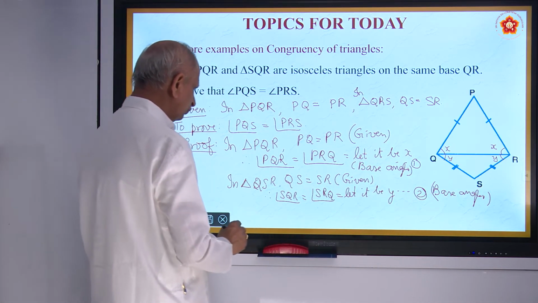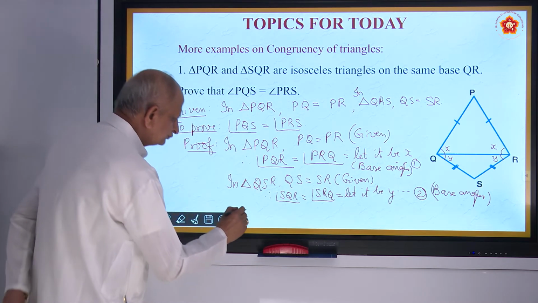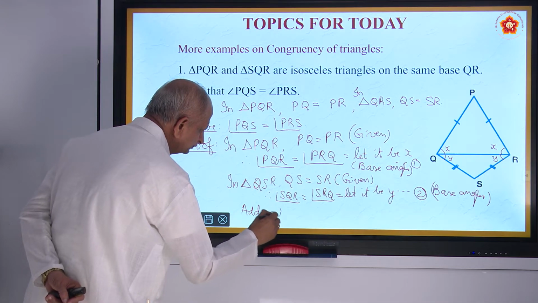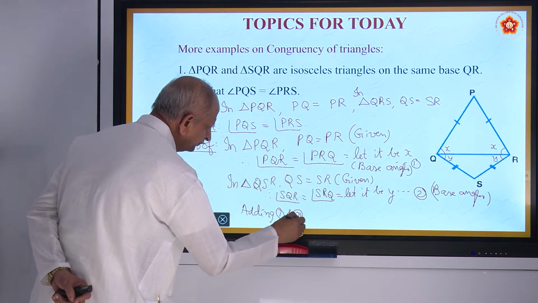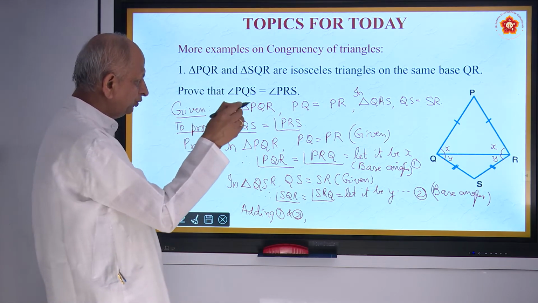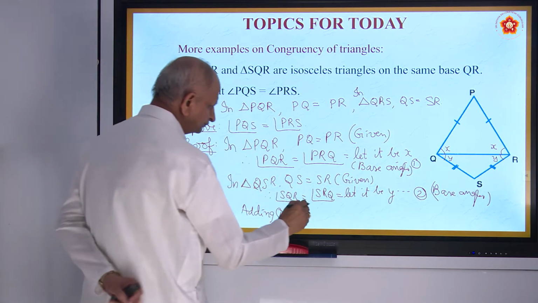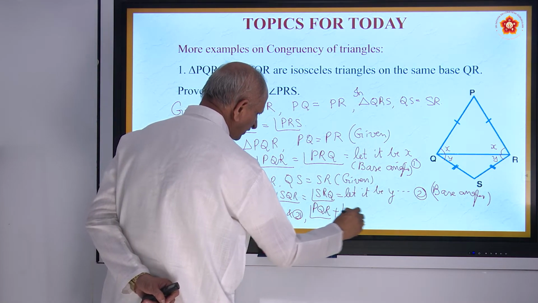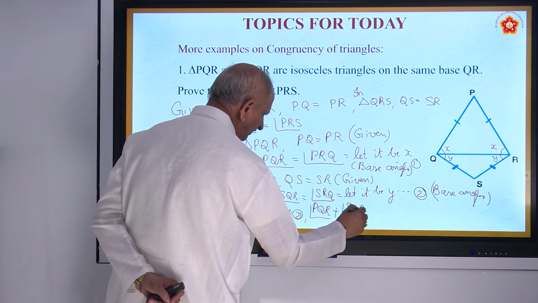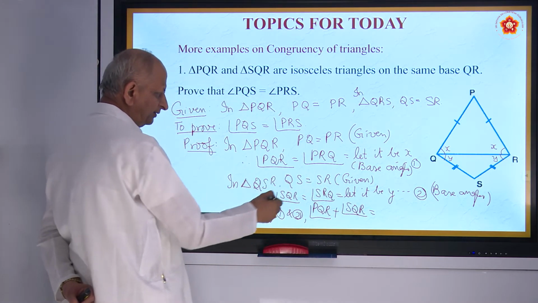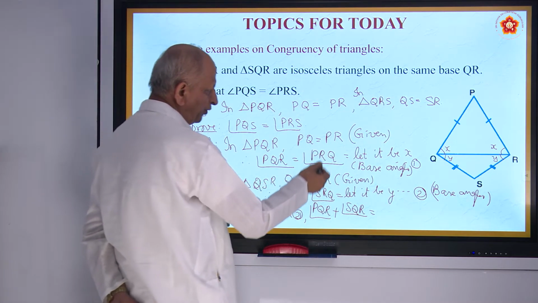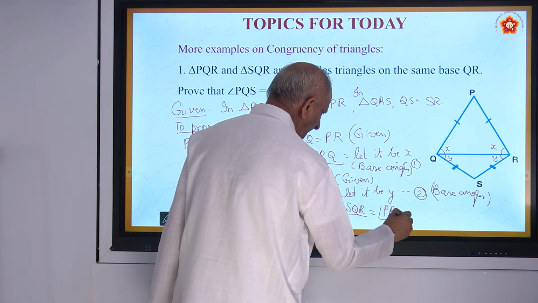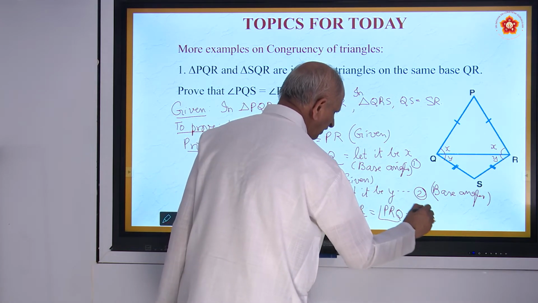Now you are adding these two, adding 1 and 2. So you have PQR plus RQS, PQR plus SQR on the left side, is equal to PRQ plus SRQ.